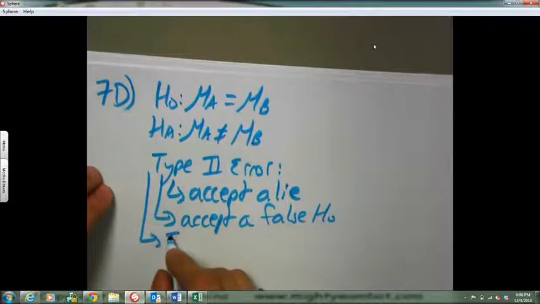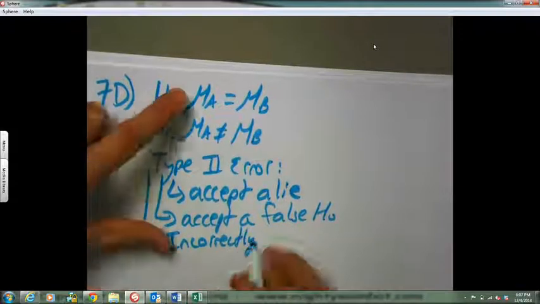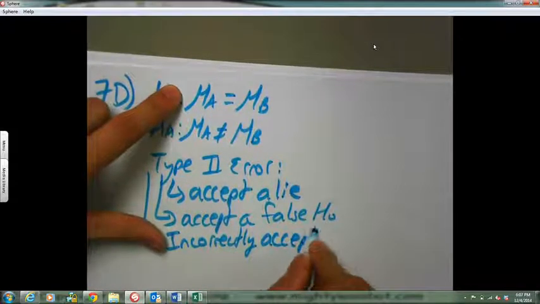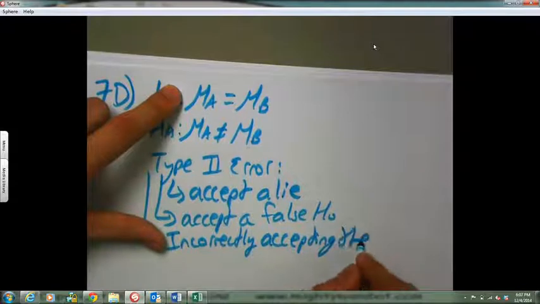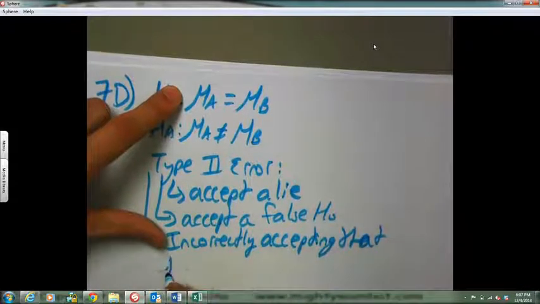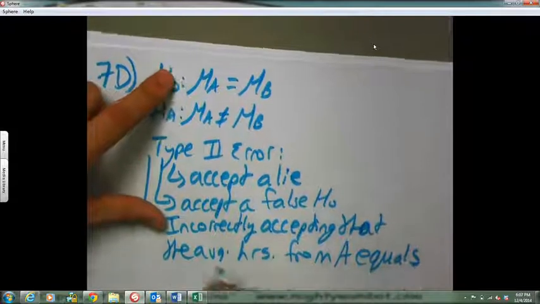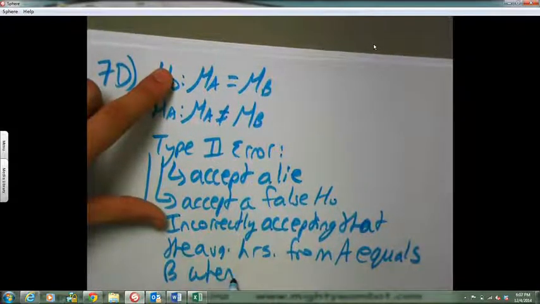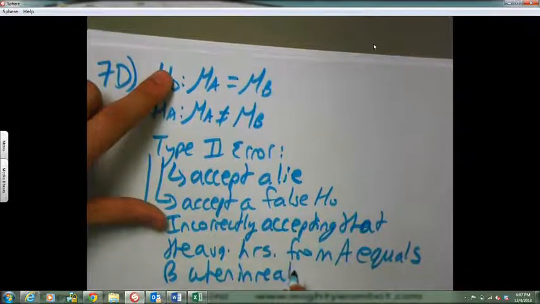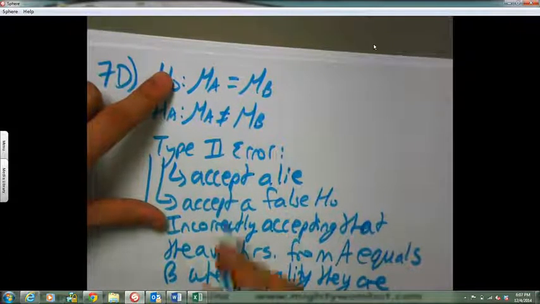In this case, it is incorrectly accepting that the average hours from A equals B, when in reality they are different.